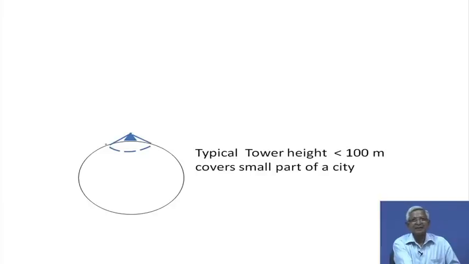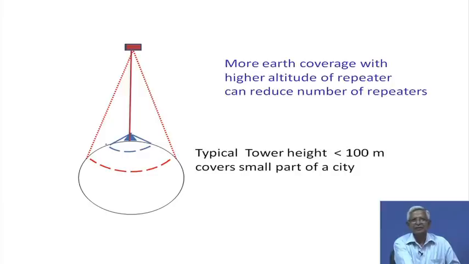Normally these towers are less than 100 meters, which covers a small part of a city or town. Now, if we really want to cover a larger and larger area, we have to increase the height of the tower, and it can be seen that a very tall tower can cover one third of the earth.